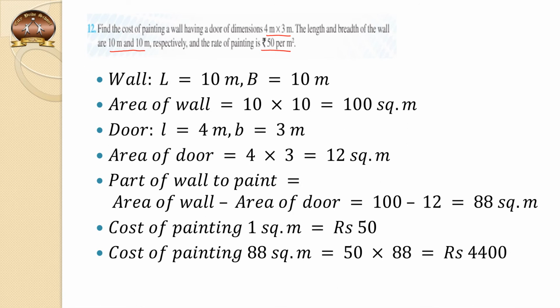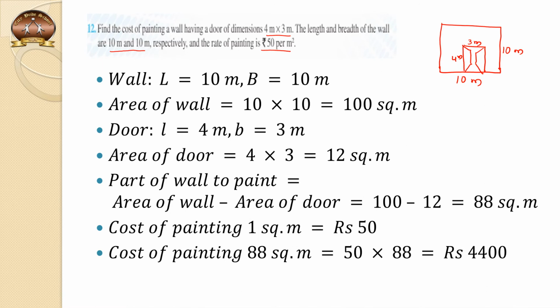So you have a wall which is in the form of square. Its measurements are 10 meter and 10 meter, that is length is 10 meter, breadth is 10 meter. Here you have a door whose dimension is 4 meter and 3 meter. Now you have to find the cost of painting this wall.